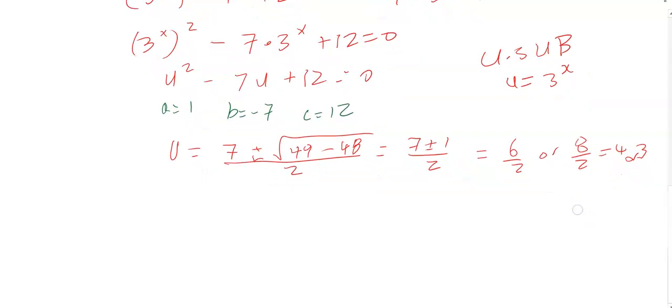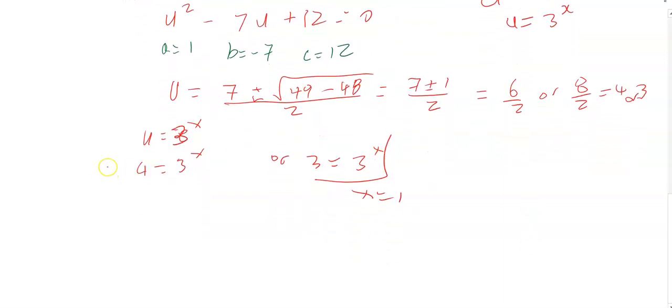So then u is equal to 3 to the x, so 4 is equal to 3 to the x, or 3 is equal to 3 to the x. From this you can clearly see that x equals 1.